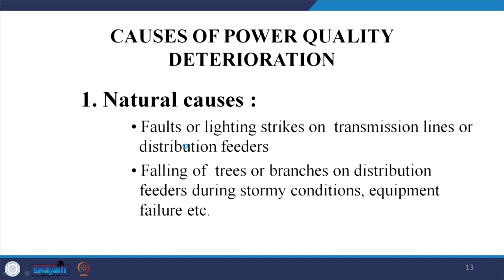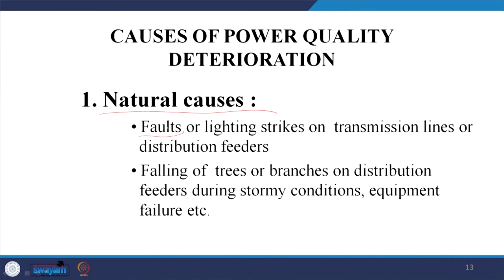Now let us come to the causes of power quality deterioration. A few are natural causes, not human inflicted. For example, faults of a line: an LG fault, so voltage sag will occur and unbalance will occur.